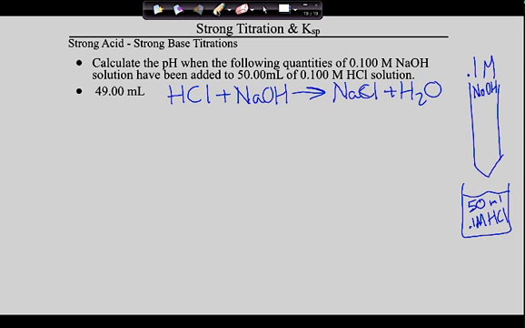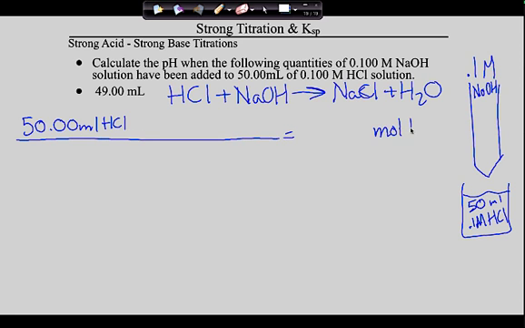Do this with me. We started with 50 milliliters of HCl. What we need to know is how many moles of HCl are in those 50 milliliters. So what does the math look like? 1,000 milliliters is 1 liter, and 1 liter is 0.100 moles.